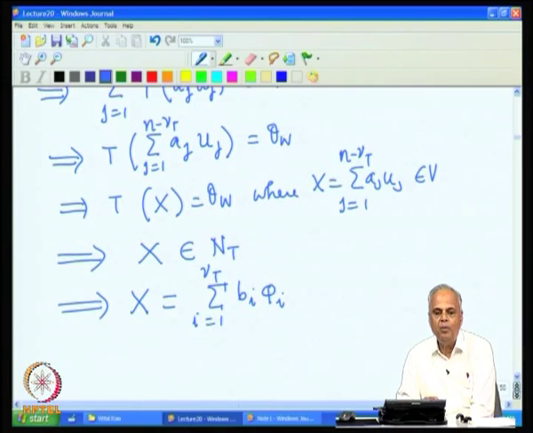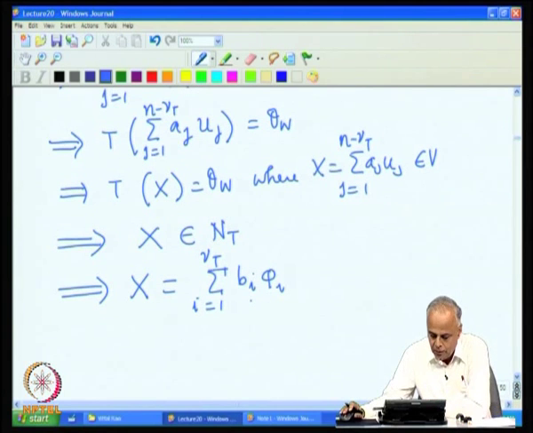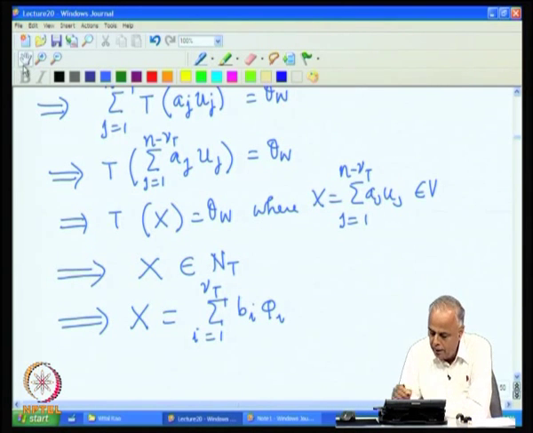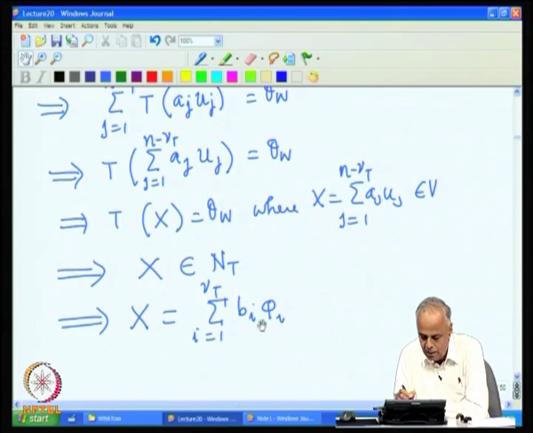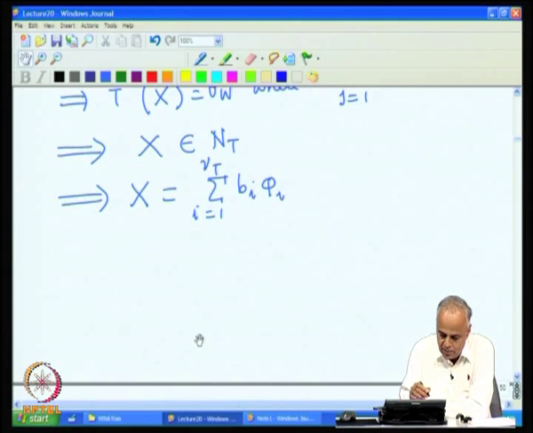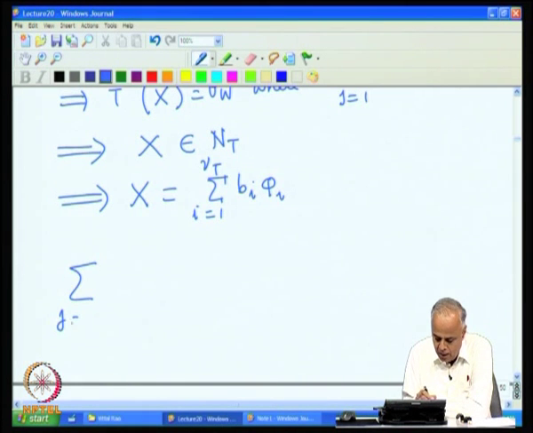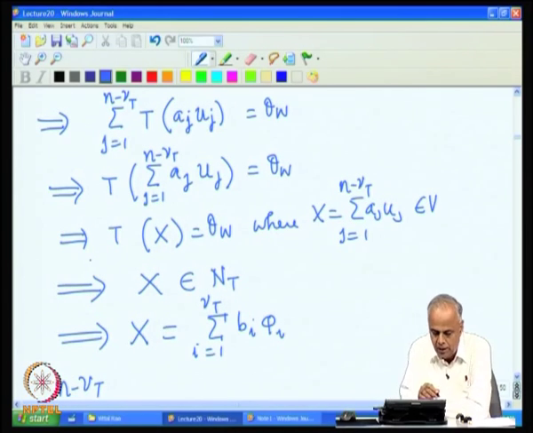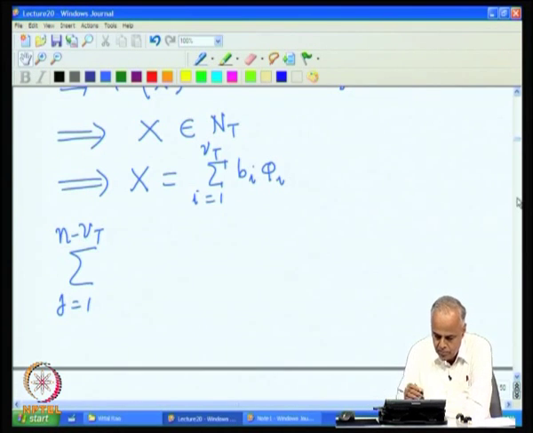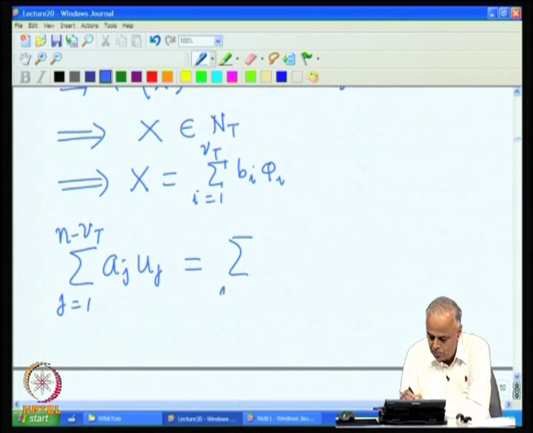This is because phi 1, phi 2, up to phi nu t form a basis for the null space of T. On the one hand, we have x equal to summation j equal to 1 to n minus nu t A j U j, on the other hand we have x equal to summation b i phi i, and therefore, these two must be equal to each other.